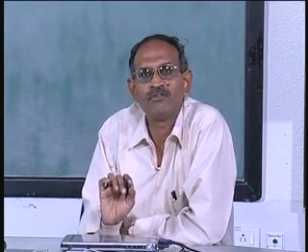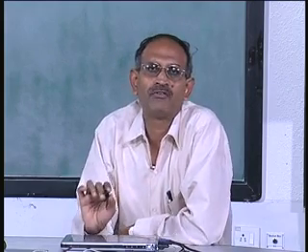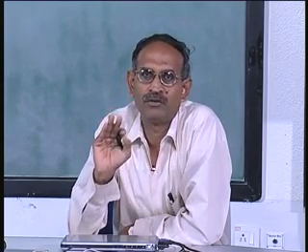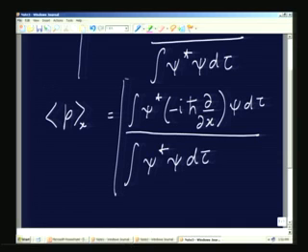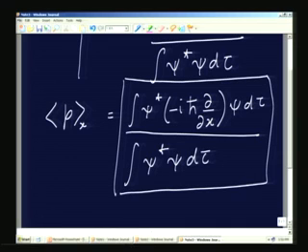Every such experimentally measurable property is represented by an operator in quantum mechanics, and if the wave function of the molecule is given by psi, then the measurement of that property on an average will give you the result as given by this formula, psi star operator psi d tau over psi star psi d tau.